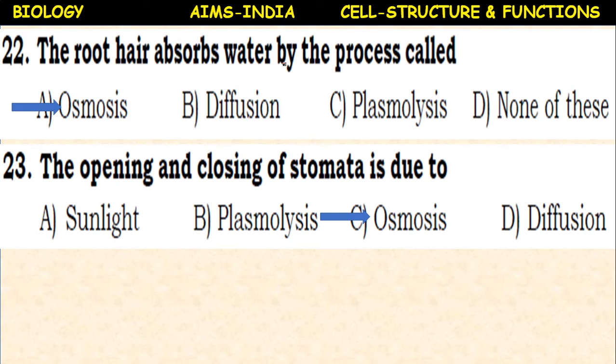So the turgidity and flaccidity help in opening and closing of stomata. During a hot day the stomata close to prevent the loss of water. The stomata are present in the epidermis of the leaves. What is that process? Transpiration. What is transpiration? Loss of excess water from the plant in the form of water vapor through stomata of the leaves is called transpiration.